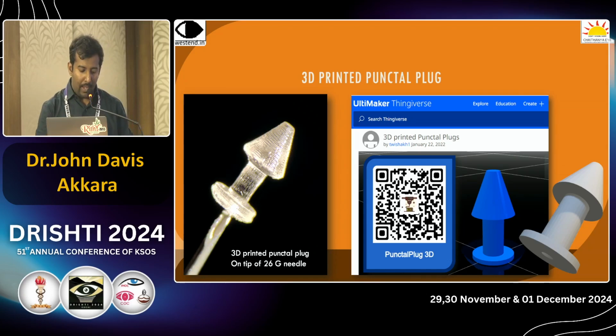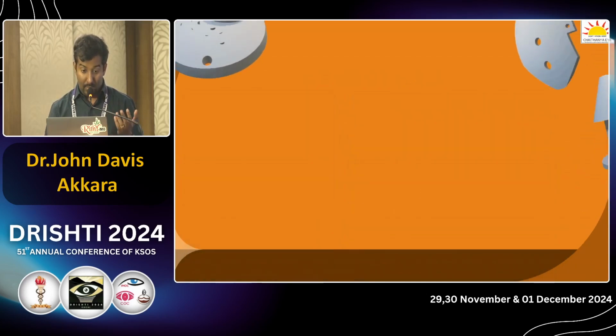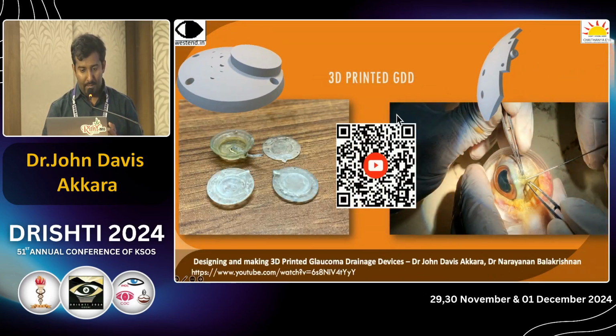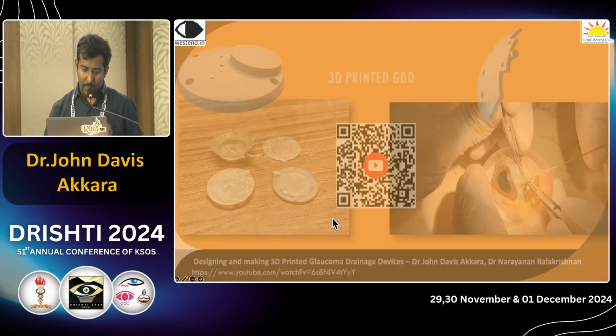If you have ideas for a new device or instrument, you can start drawing on paper and then draw the 3D model, then start seeing if it is going to work, and then manufacture it. The prototyping will be easier with this. This is a 3D printed glaucoma drainage device which can be used for designing new devices as well as for practicing in wet lab. This links to the video.